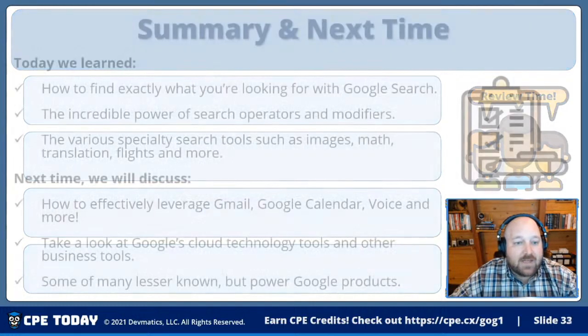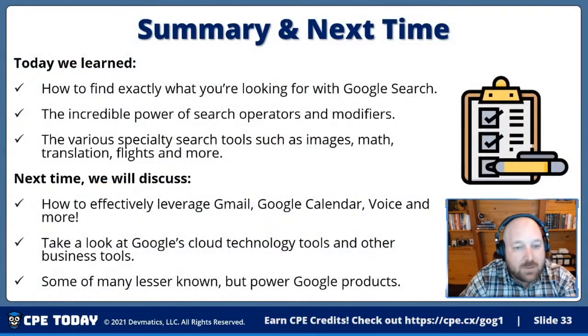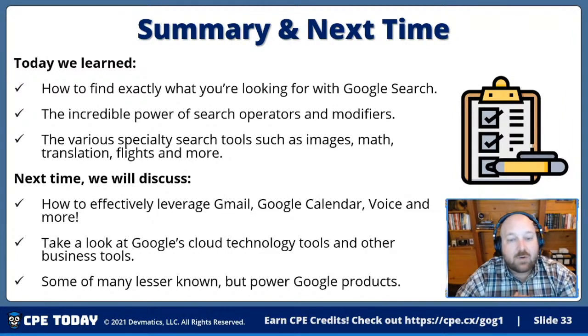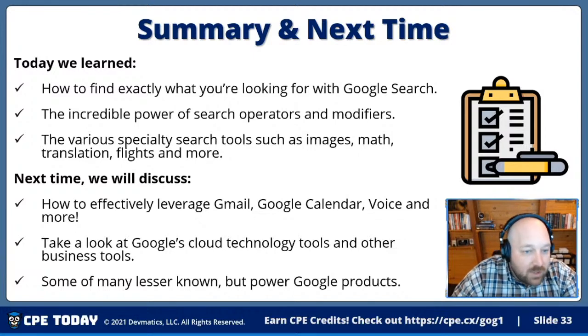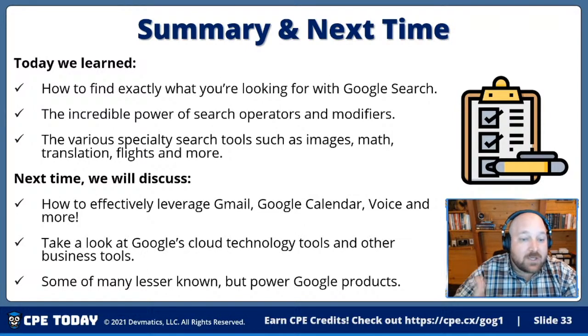All right, well, that is the end of our presentation for today. So what did we talk about? Well, we went really deep on Google search, understanding the different ways that we can utilize this incredible tool to find exactly the information that we need to advance whatever project we would like. We learned about the different ways that we can use operators and modifiers. We looked at some of the specialty searches such as images, math, translation, flights, restaurants, and more.